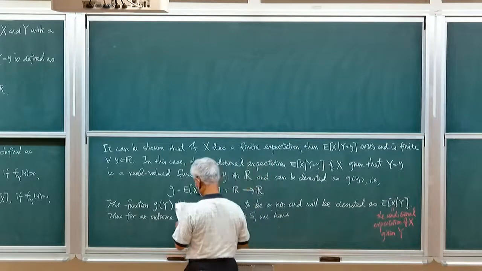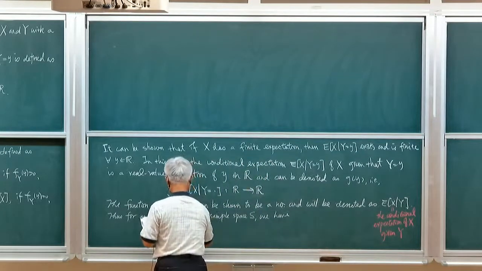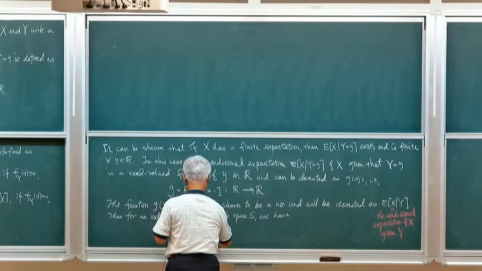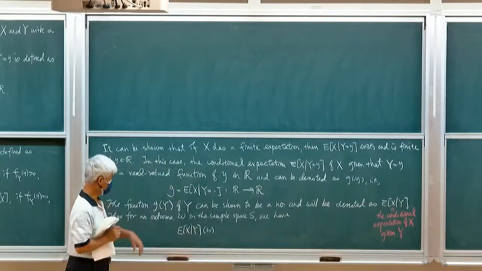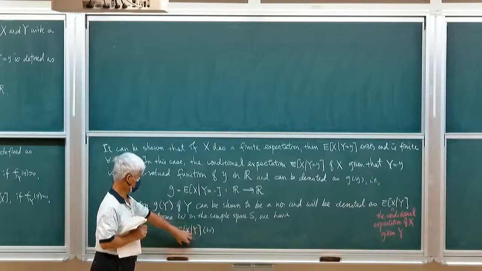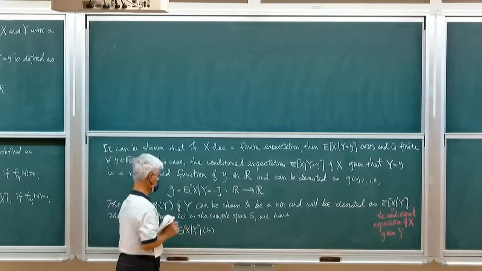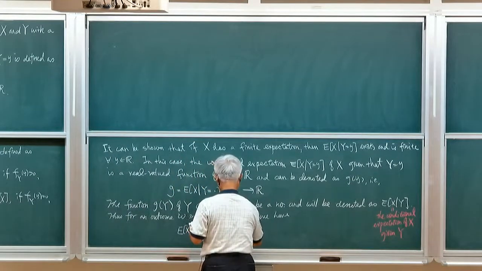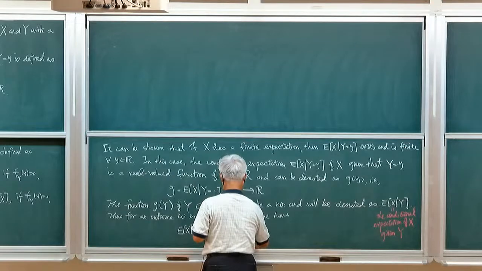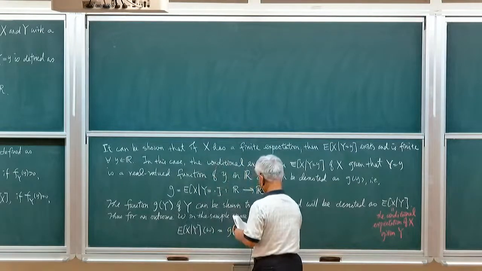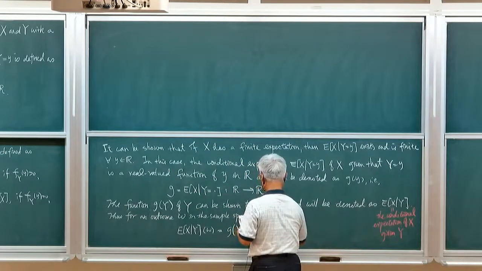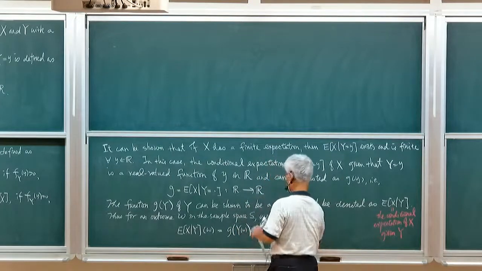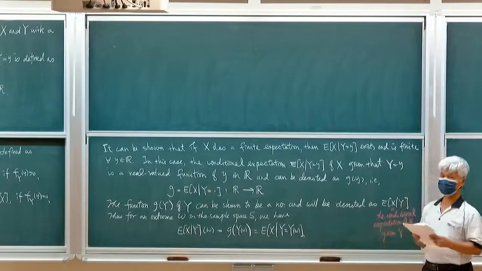We have that the value of this random variable at this outcome, by definition, is exactly equal to this.